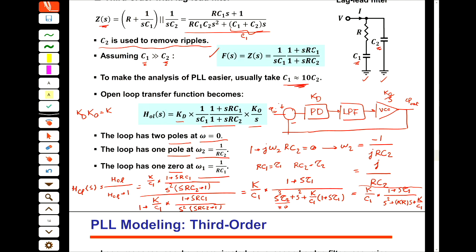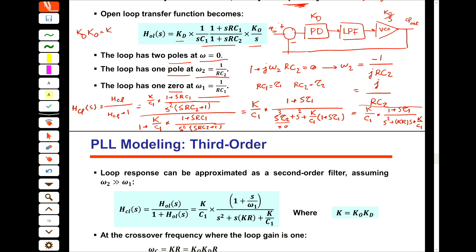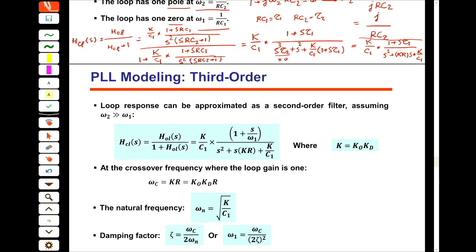I can say the S cubed term is 0 because this value is very high, and then I can approximate this with a second order system like this. And this omega 1 actually is 1 over tau 1. So this is exactly what we calculated here. Yes, true. So omega 1, and K also equals this.